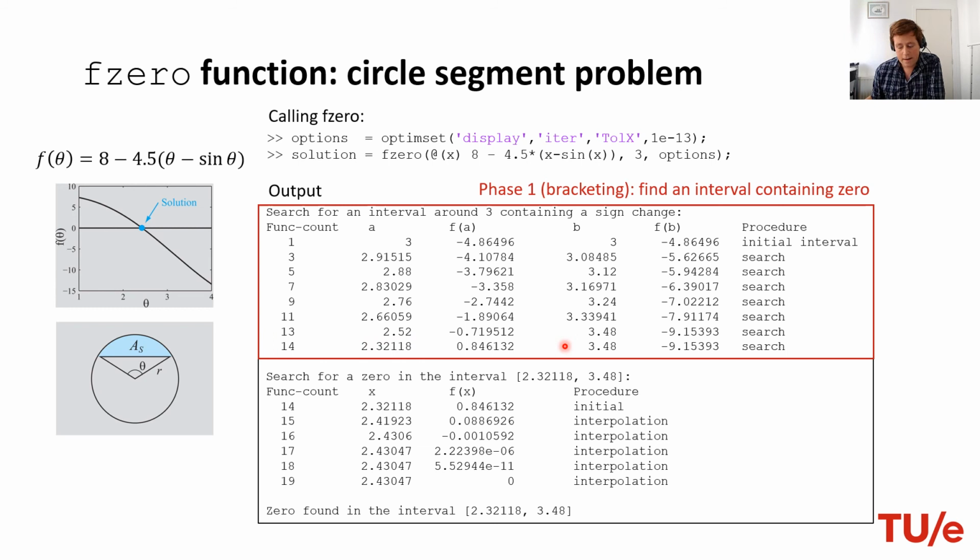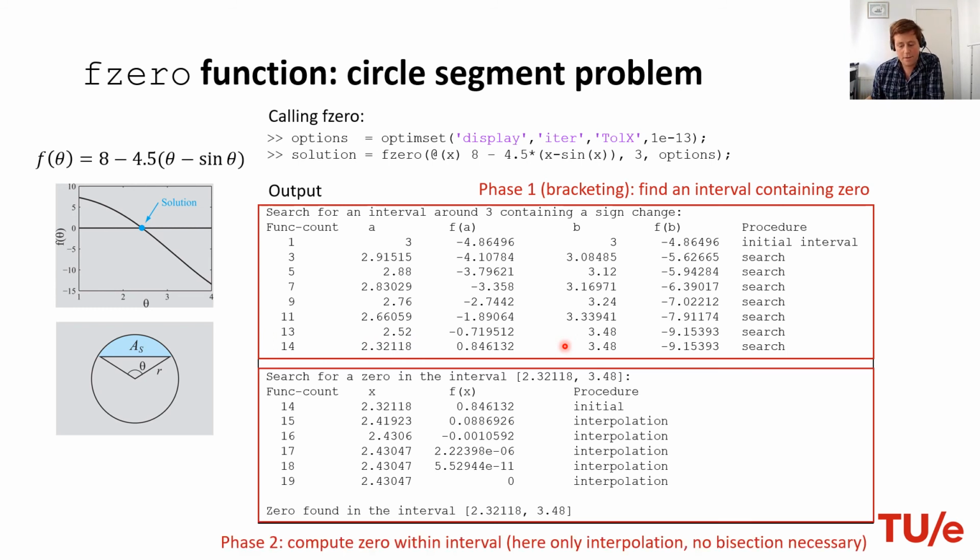Okay, so now that it has identified such an interval, it will increase the accuracy by using either bisection or the secant method, or this quadratic inverse interpolation method, which is kind of an improved version of the secant method with a slightly better rate of convergence.